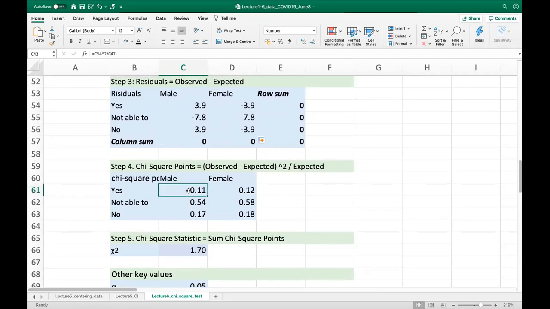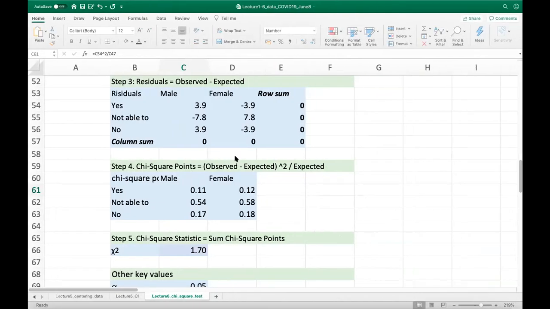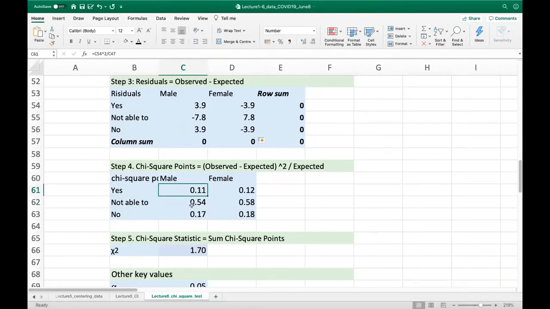So now we create chi-square points for each of the cells, which is basically observed minus expected, to the power of 2, divided by the expected. Do I need to add them together? Let me see. Yes. So those are the chi-square points.